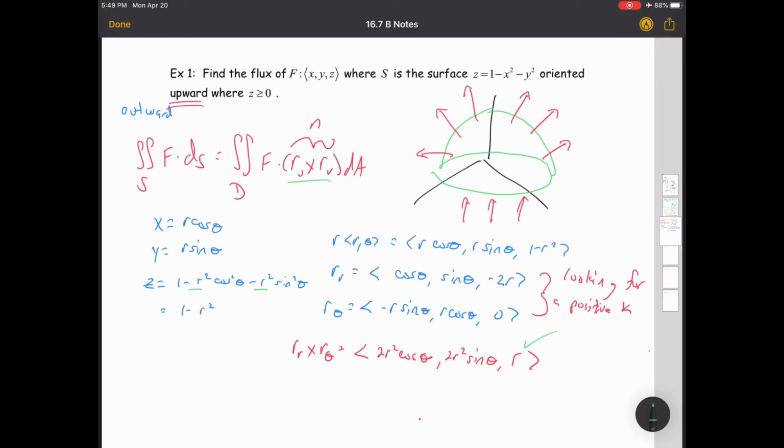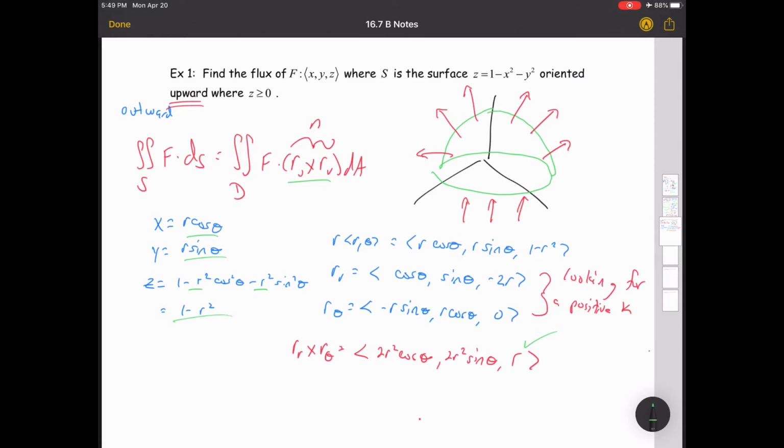Okay. We already have our F function. F is, in this case, x, y, z. Now, it does need to be parameterized, so we're just going to replace x, y, and z with the x, the y, and the z that we found over here.